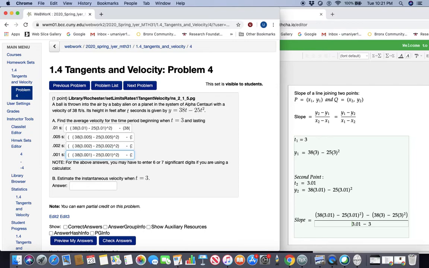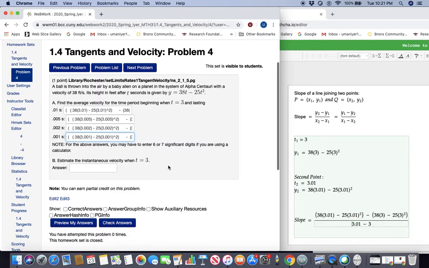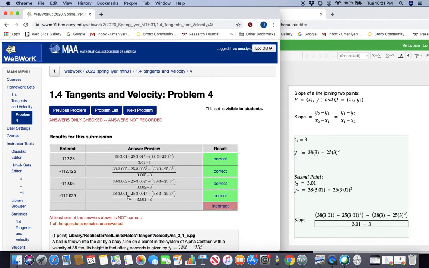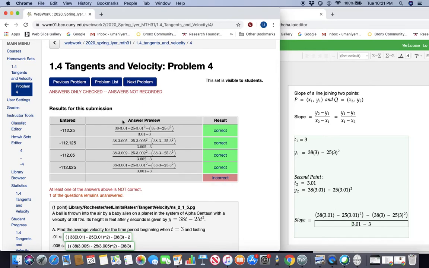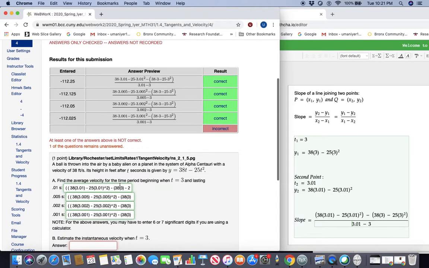All right. So these are the various average velocities. We want to see what they approach. So the expression looks exactly how you want it: huge numerator, denominator, and they are all correct. So look at that. What does it look like? It seems I am approaching negative 112 point, let's say 0.